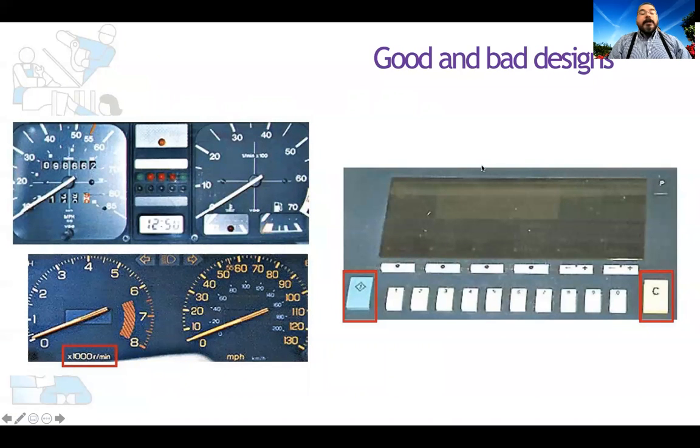For example, this is a copy machine where the colors don't mean anything. A light blue or a light green or a light yellow doesn't tell you anything. For example, this light green, maybe we will assume that as it is green, it is the one that you need to push to make a copy, and that is not.